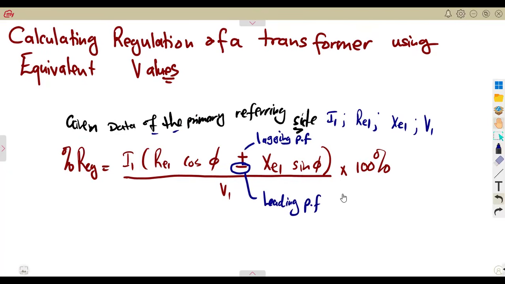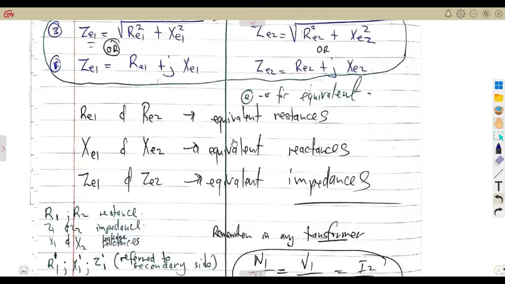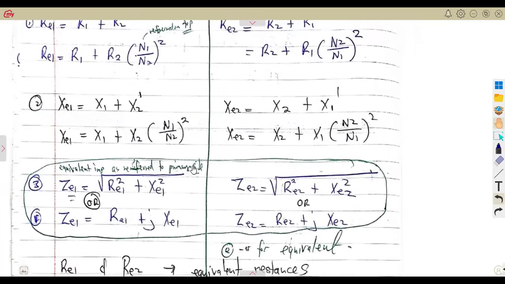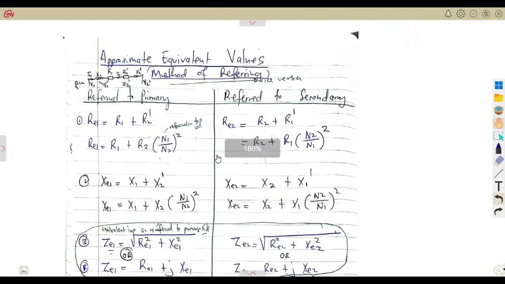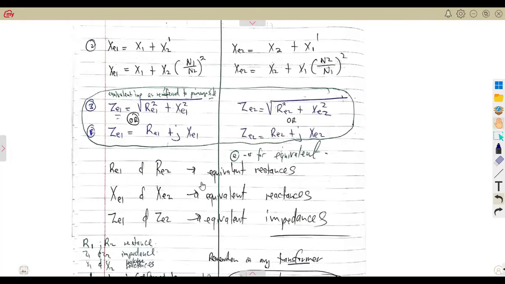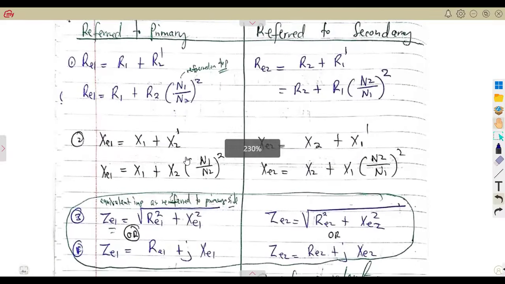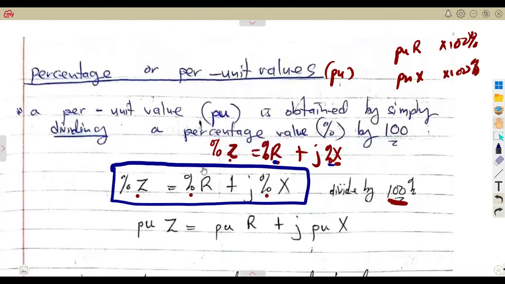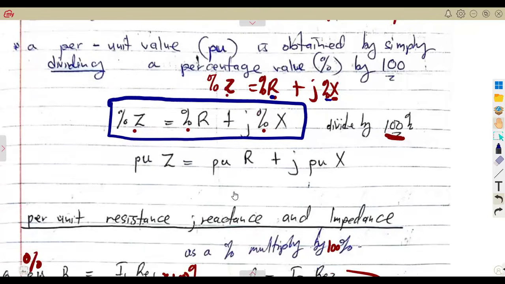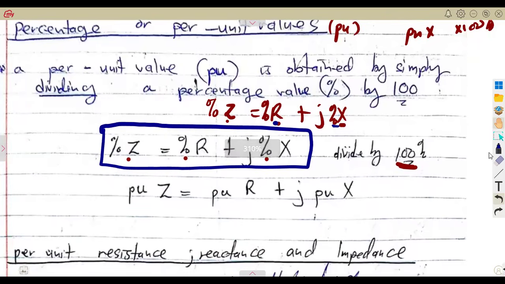As you can see, we talked about this. If you still remember from our previous case, let us go back here. When I referred to these equivalent values as referred to the primary side, as referred to the secondary side, you can calculate from these formulas. We can also have these equivalent resistances and equivalent reactances when we are given percentage equivalent reactance.